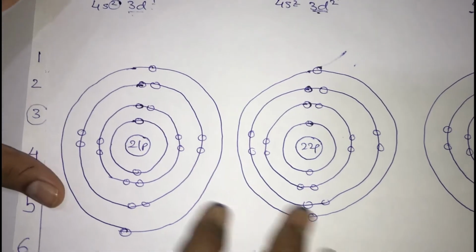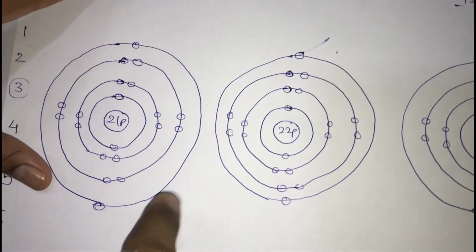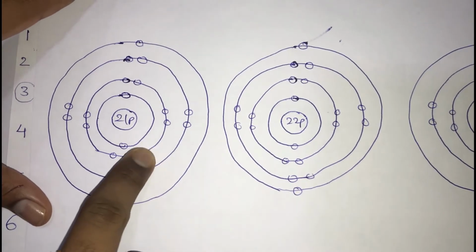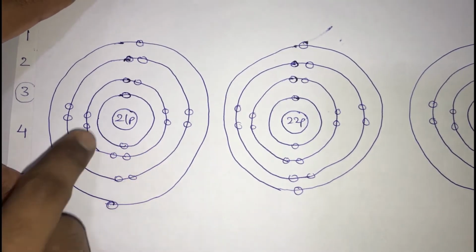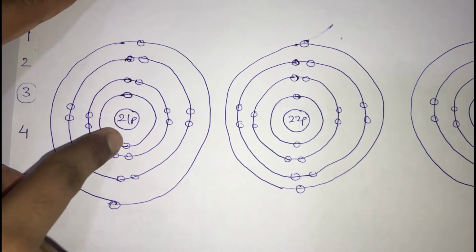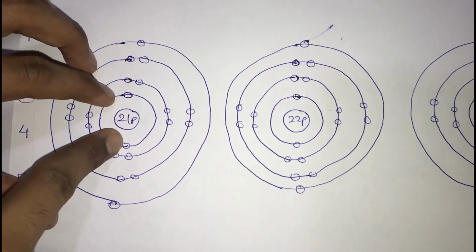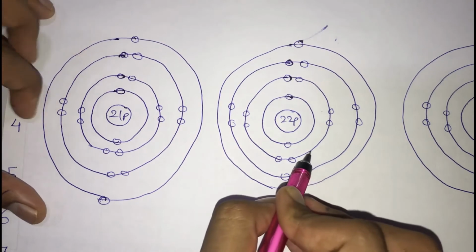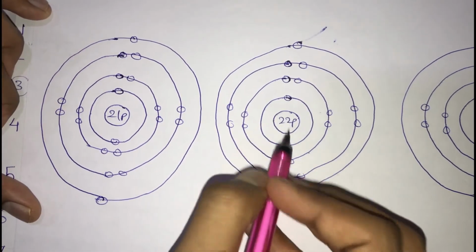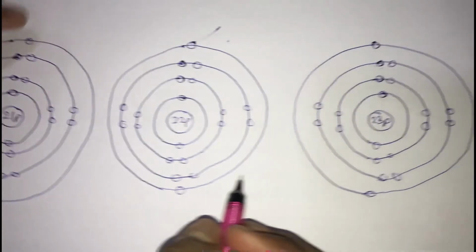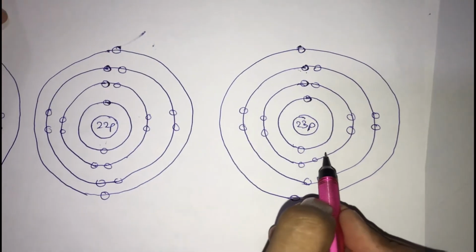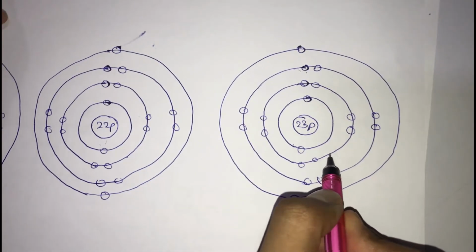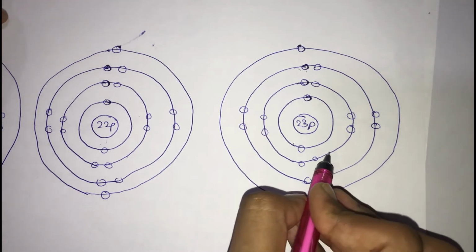See, the second energy level is experiencing the shielding effect by 2 first energy level electrons. Here also the second energy level is experiencing the shielding effect by two first energy level electrons. Similarly, over here, the second energy level electrons are experiencing the shielding effect by the two first energy level electrons.